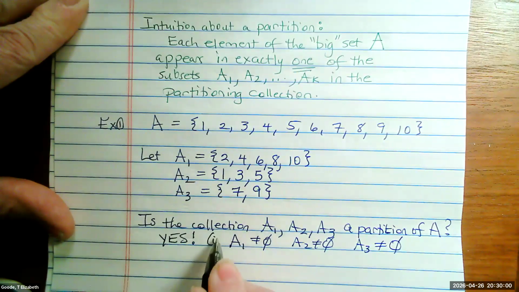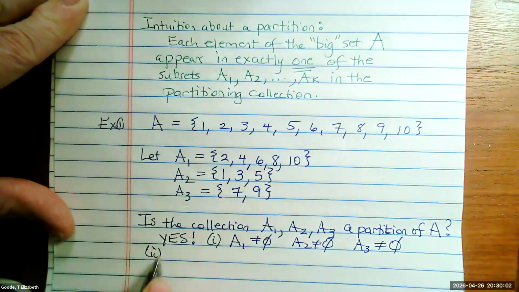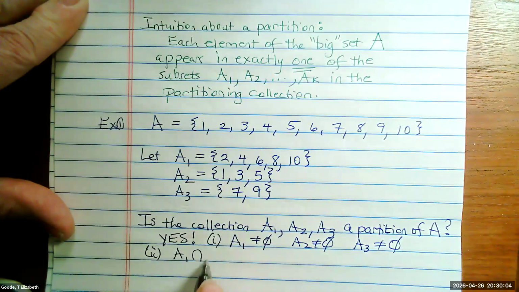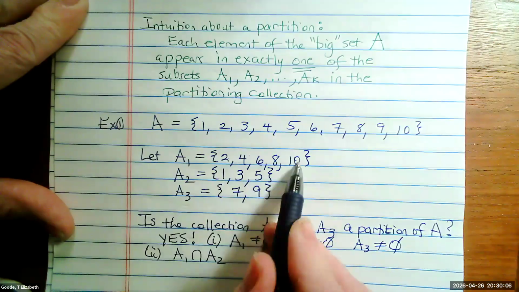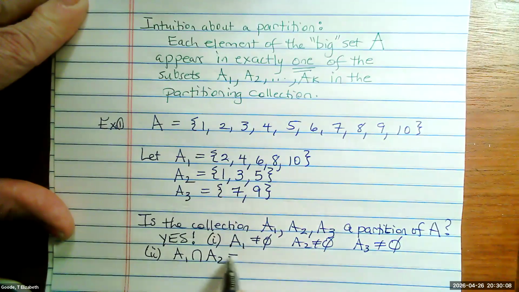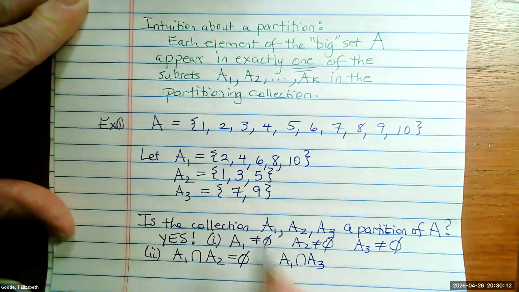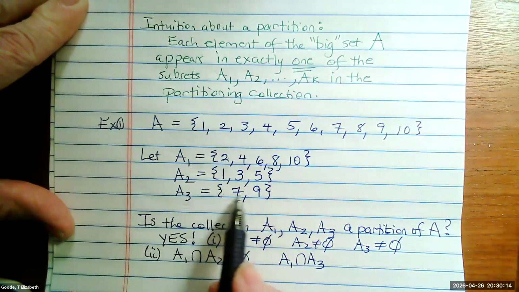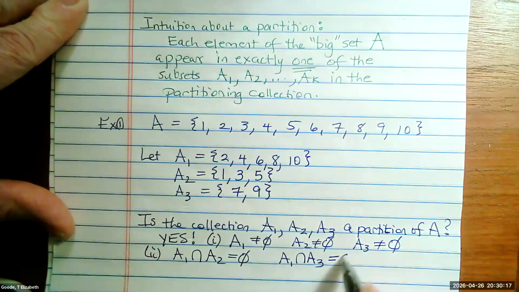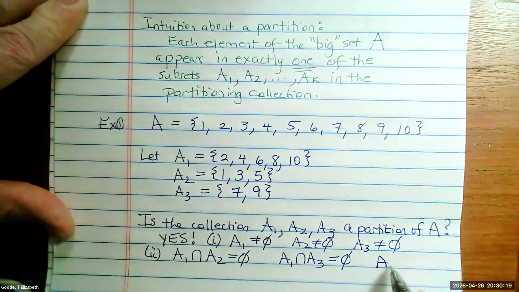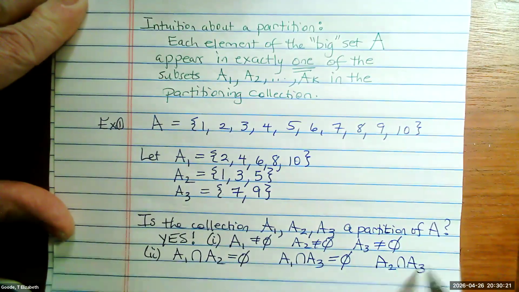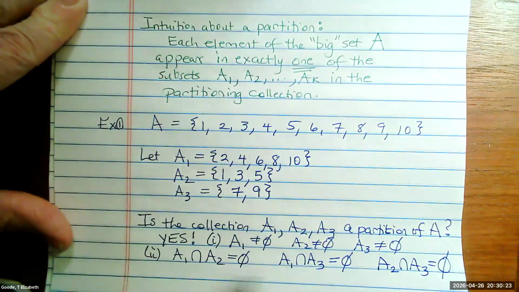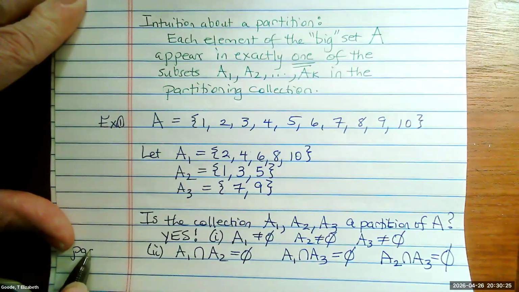That's property 1. Property 2, A1 intersect A2, well, there aren't any elements in common, so that is empty. A1 intersect A3, when we look at A1 and A3, they don't have anything in common. And A2 intersect A3 is empty. So we do have pairwise disjointness.